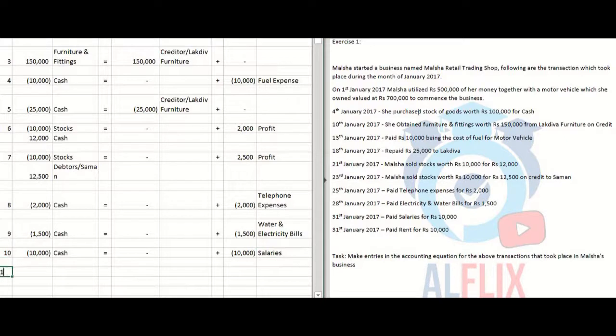Transaction number 11. 31st January 2017, business paid rent for rupees 10,000. Again, the business incurs a rent expense worth rupees 10,000 at the end of the month, which is the 31st January.